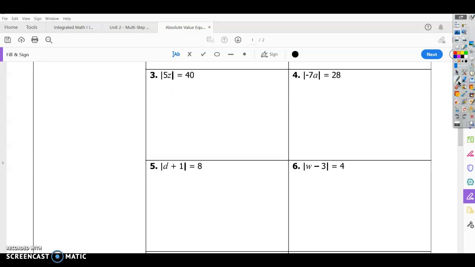All right, if you look at number 3, now you have the absolute value of 5z equals 40. So we're going to say 5z equals 40, and 5z equals -40. All right, and I'm going to solve each one of these.